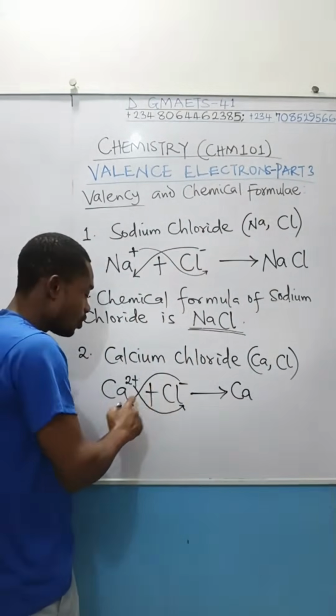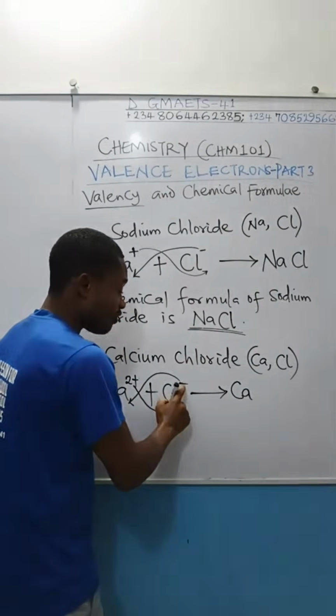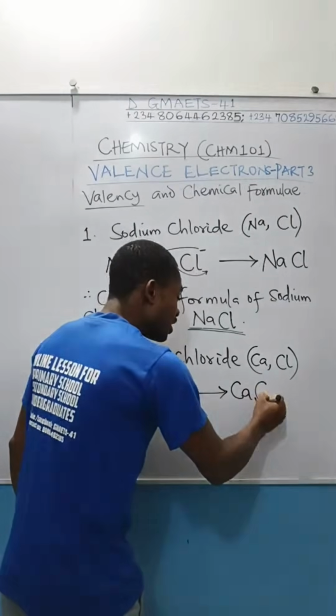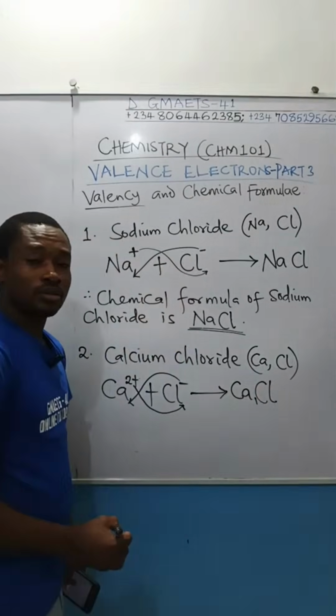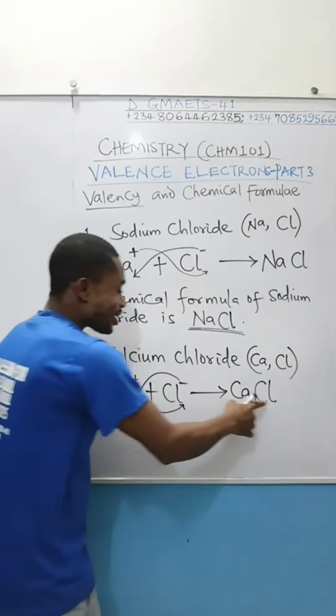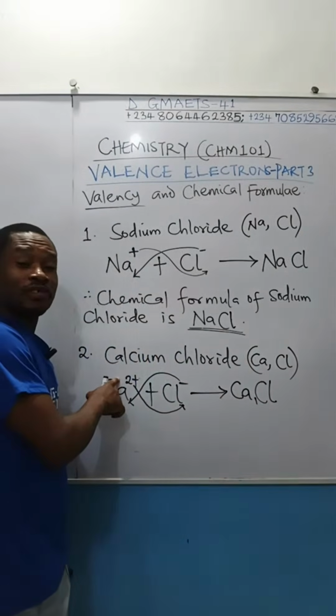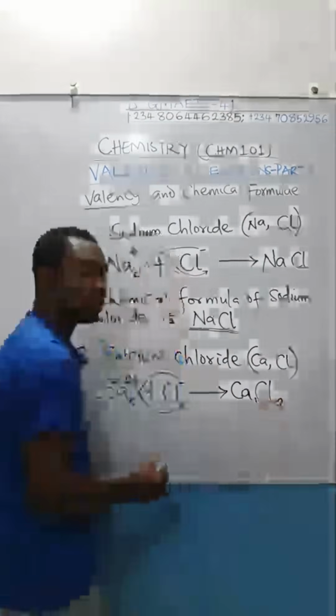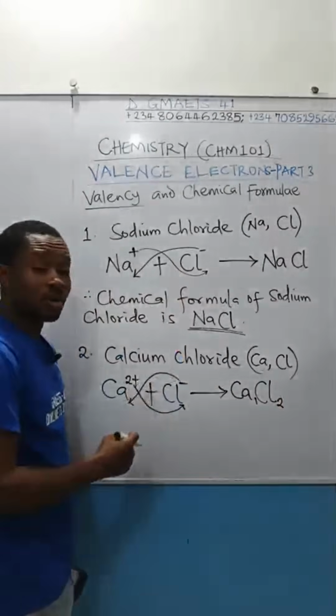The valency that chlorine gives to calcium here is 1 because the valency of chlorine is 1. And then you combine it with the negative element, which is chlorine. You write the atomicity of chlorine, which is the valency of calcium. Calcium has given 2 as valency to chlorine. So this is calcium chloride.